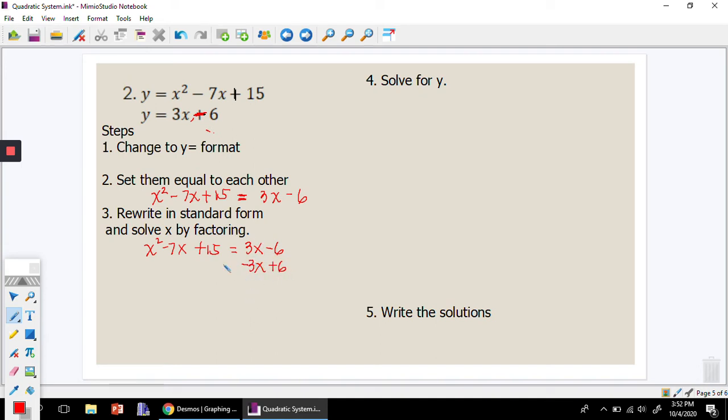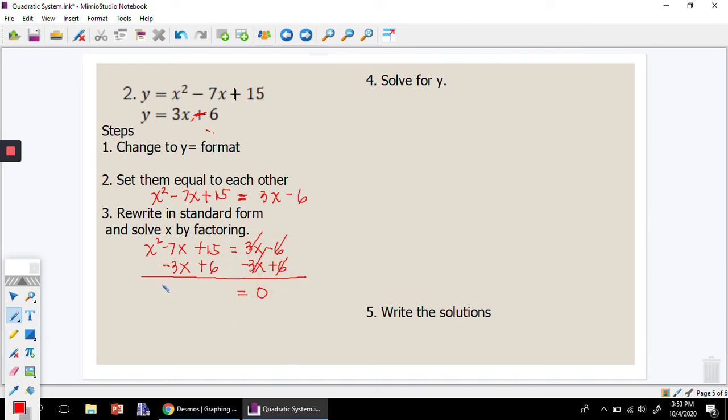If I do that on the right side, I should also do that on the left side. So the x term becomes negative 7x minus 3x, and 6 is a number term, so I will write plus 6. So this is now 0.